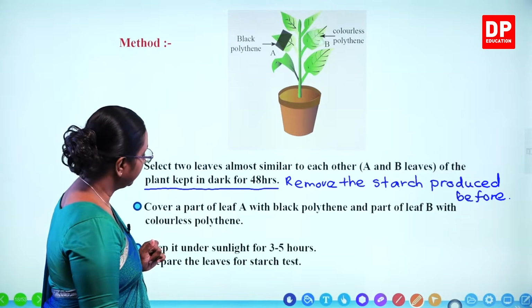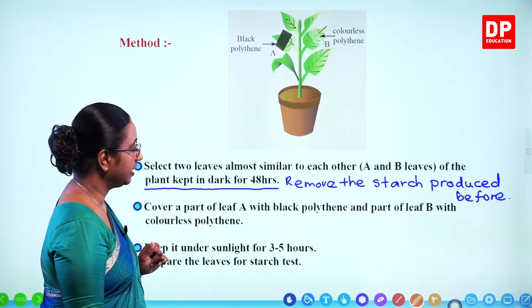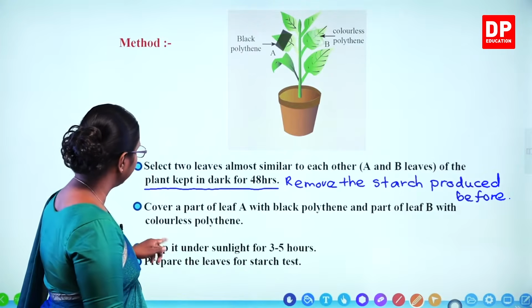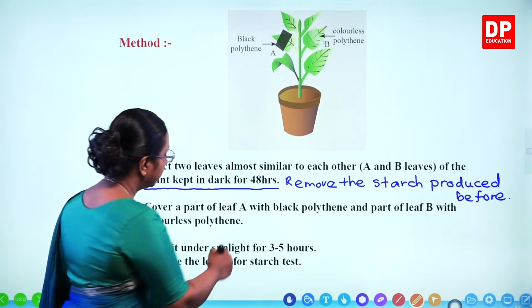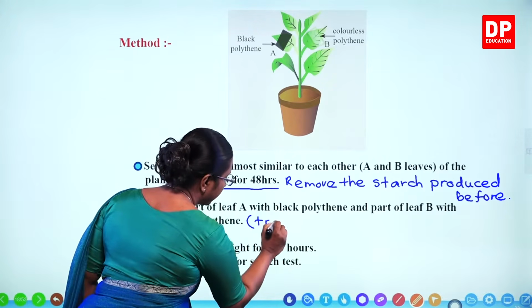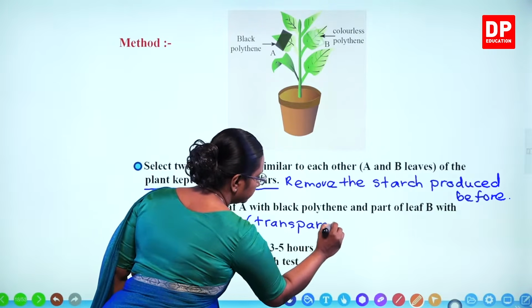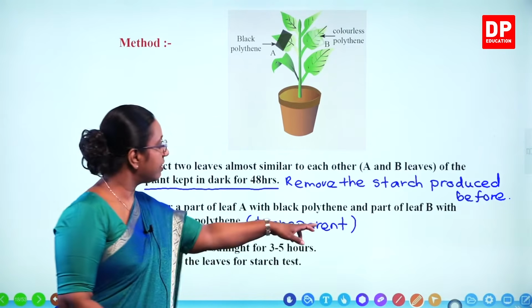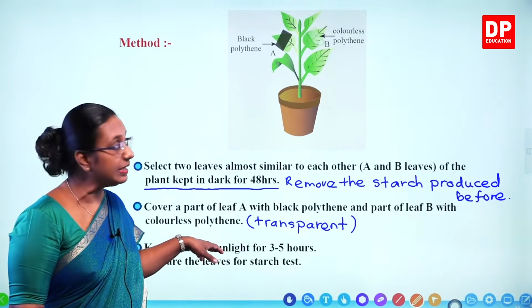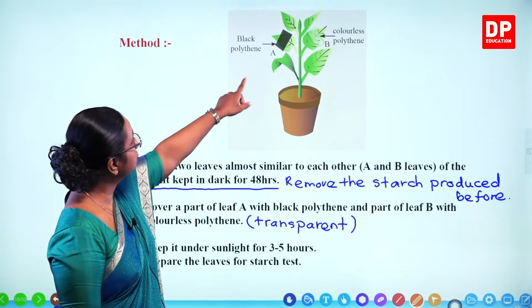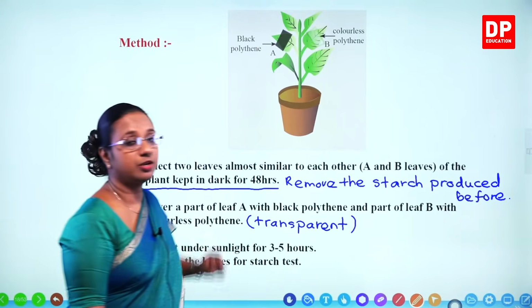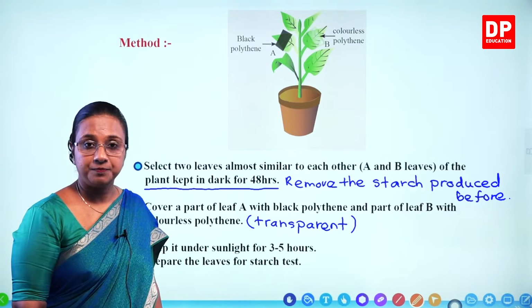Cover a part of leaf A with black polythene and part of leaf B with colorless polythene. Here I will also mention as transparent polythene, so that enough sunlight falls on leaf B, whereas there is no sunlight falling on this part of leaf A.